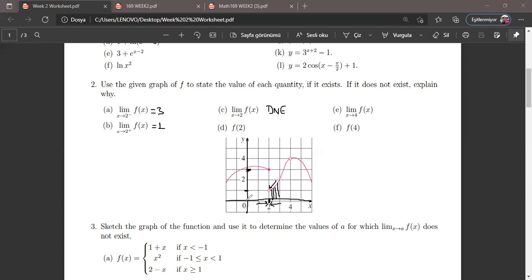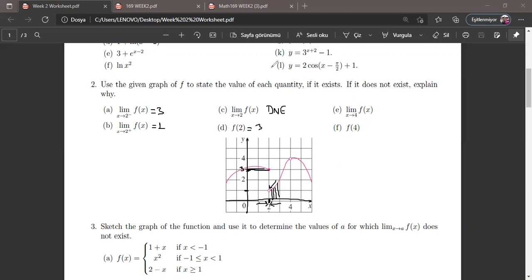If they were equal to each other, then the limit would be that. But now it does not exist. Okay, what about f of 2? Here we have the dot. This one is empty. We have this full dot. So it's this one, which is again 3.